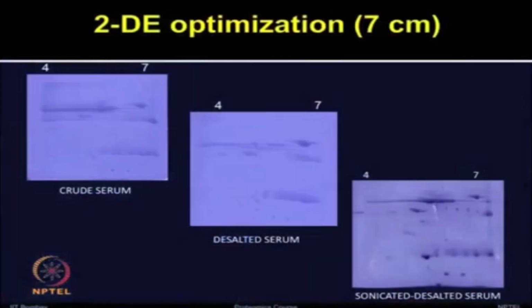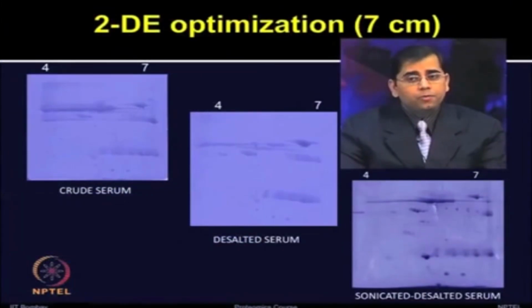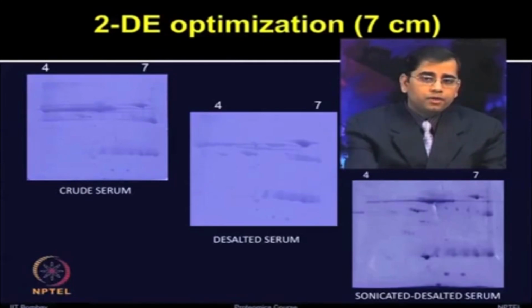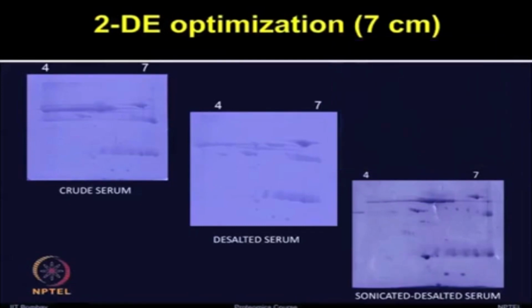We also tried to see how many proteins we can separate on the small gels, and as expected the small gel of 7 centimeter cannot provide a very large number of proteins, but even these gels can be used for standardization. As you can see, starting from the crude serum to the desalted and then finally sonicated and desalted gives us better coverage of the proteome.